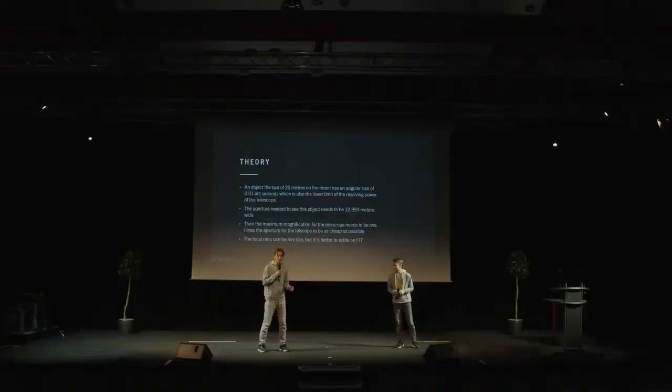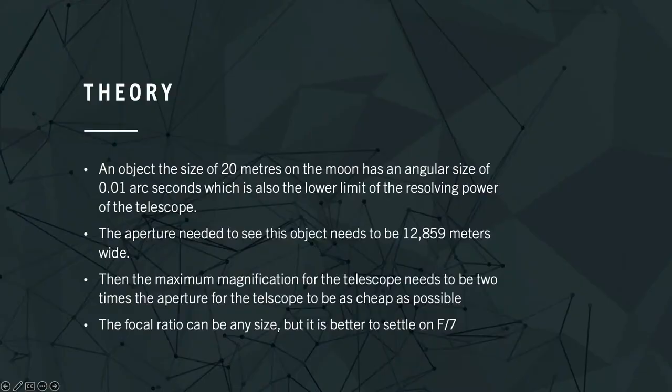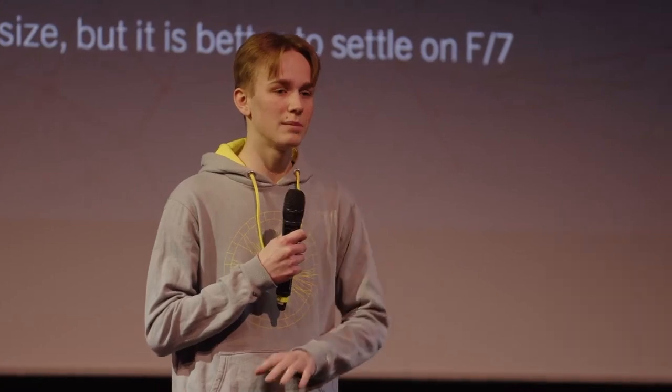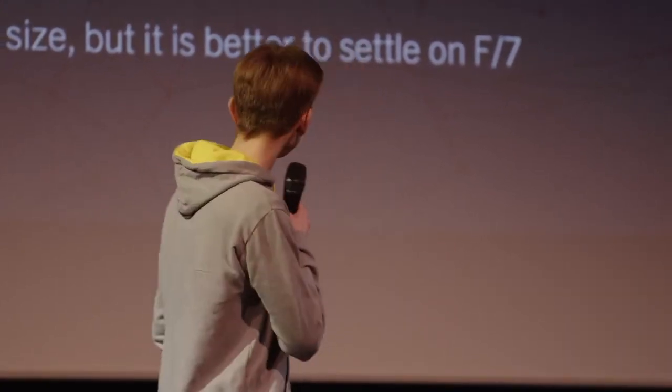So in order to see a 20-meter wide object, the telescope would need to have a resolving power of 1/100th of an arc second, and it would have to have an aperture of 12,859 millimeters, and this is the lower limit for the telescope to make it as affordable as possible.